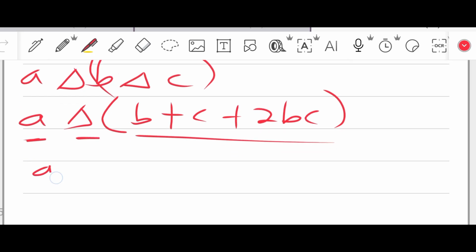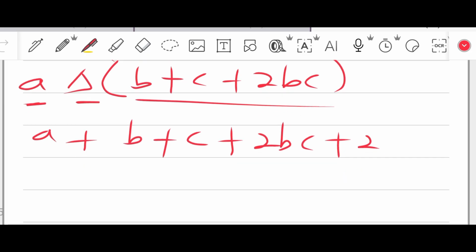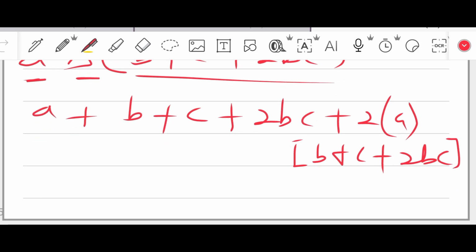In that case, we have A plus B plus C plus 2BC plus 2 times the first term, which is A, times the second term, which is B plus C plus 2BC. So we expand and simplify.